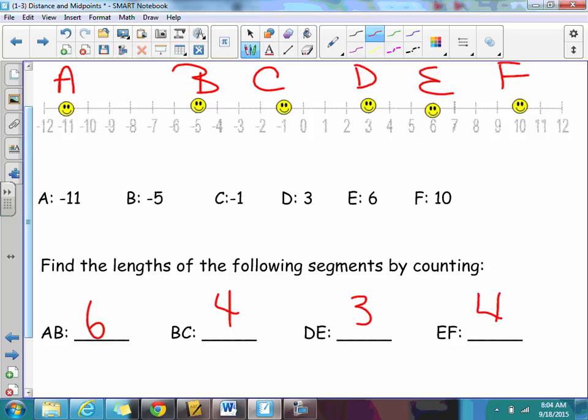Did we get these? A to B is 6 jumps, B to C is 4 jumps, D to E is 3 jumps, and E to F is 4 jumps?